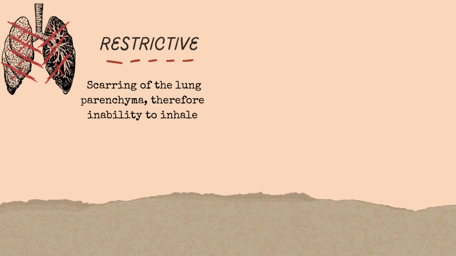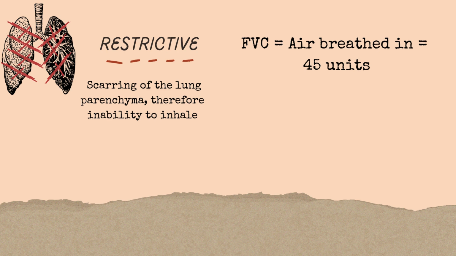If you've got scarring to all of the lung parenchyma, then you are unable to actually inhale in the first place. And so if I'm unable to take a breath in that's going to fully expand the lungs because of this scarring, the forced vital capacity, the air breathed in, may equal somewhere around 45 units. Again, arbitrary units, and this is purely an example. The air breathed in is limited, it's only 45 units.